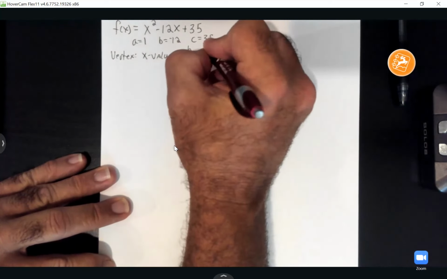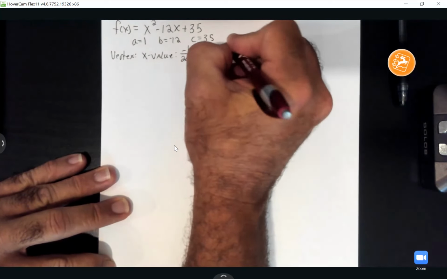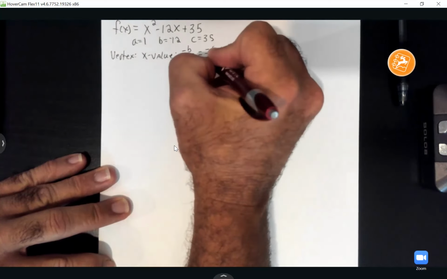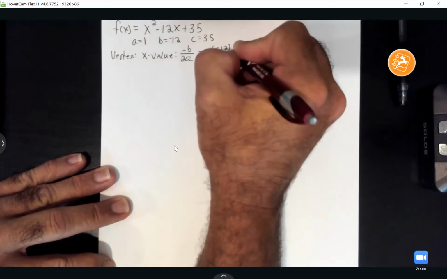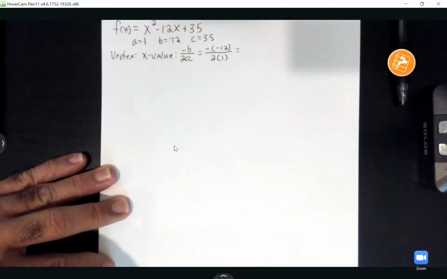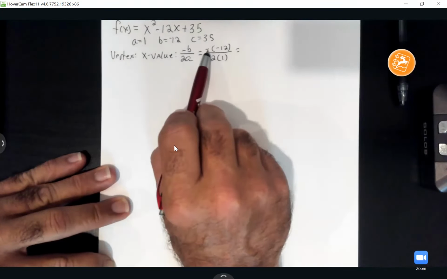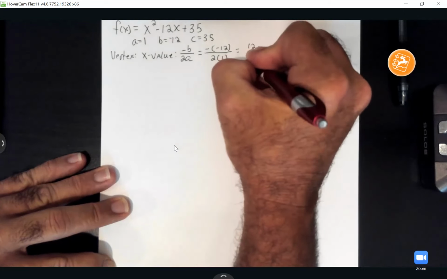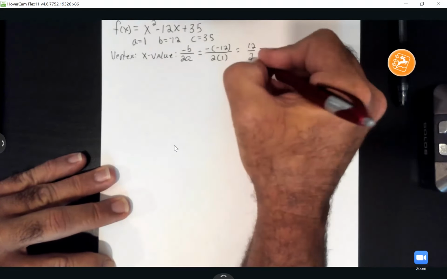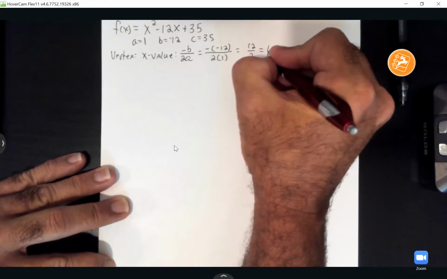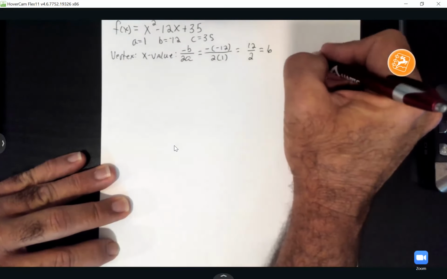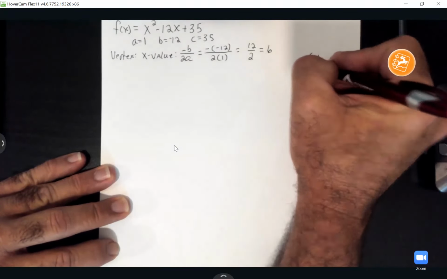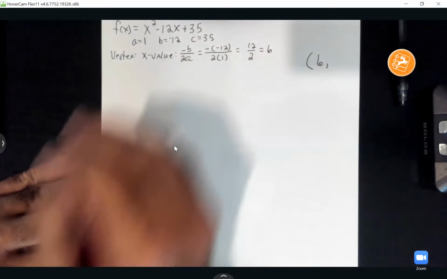That's going to give me a negative times negative 12 over 2 times my a, which is 1. See what happens? We get a negative times a negative, makes that a positive 12 over 2. And y'all, 12 over 2 gives me 6. So we know the x value is going to be 6.